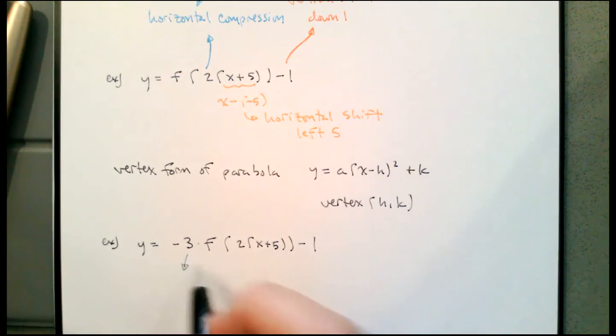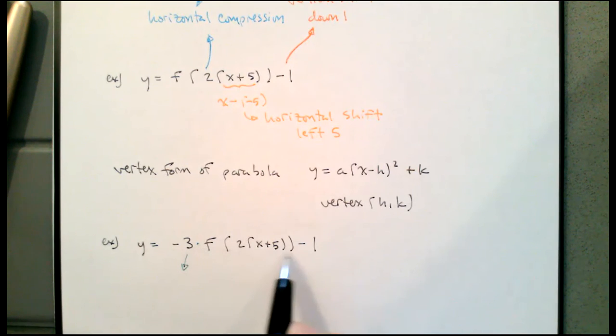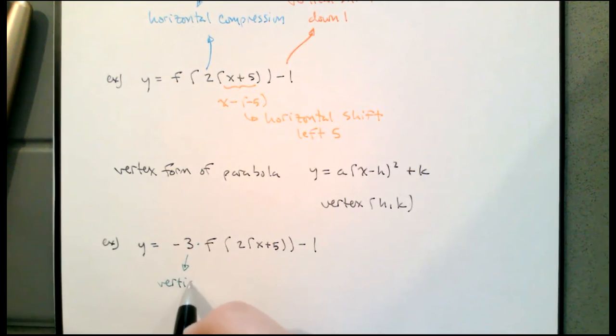So this is multiplication, and it takes place after the function has done its business. So this is a vertical stretch. Also a reflection because it's negative. I see.